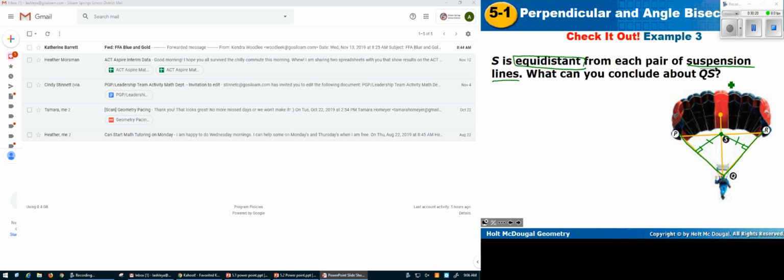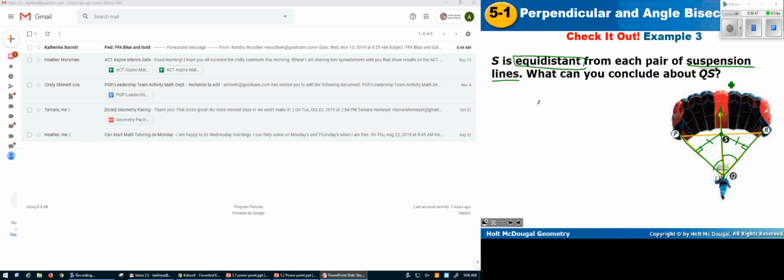Okay, so knowing that, it says, what can we conclude about ray QS? So what does that mean about this ray then? It's not a perpendicular bisector. It's an angle bisector, because if the distance from the point to the sides of the angle are the same, then the line that point is on must be an angle bisector.